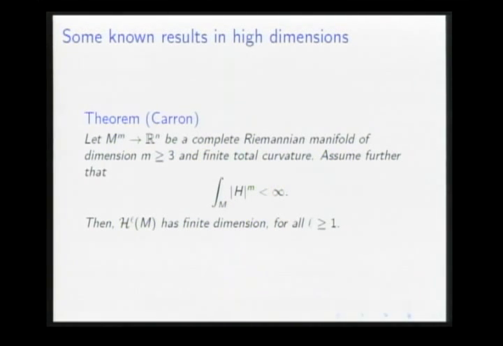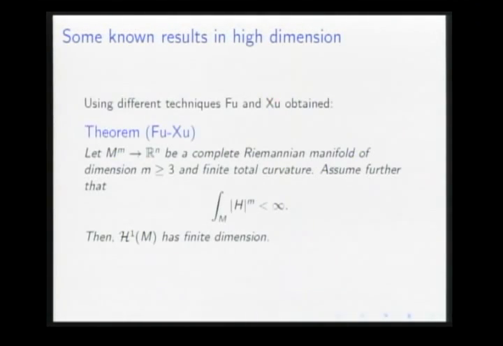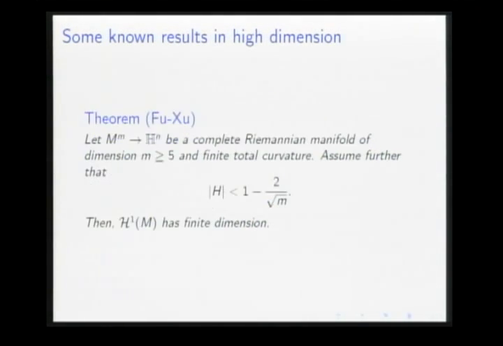Then Carron proves that the space H^L has finite dimension for all L. And Carron uses a topological approach of homology groups.